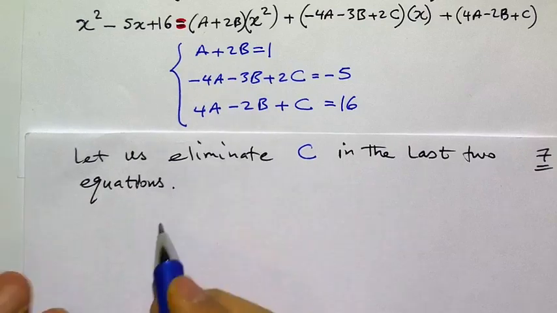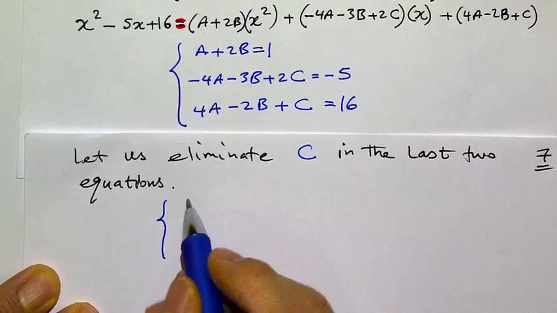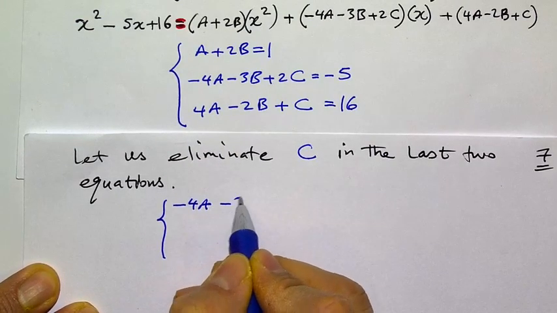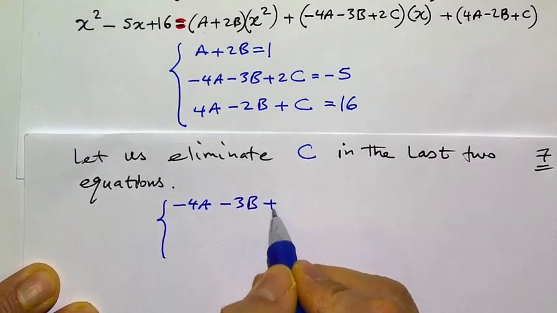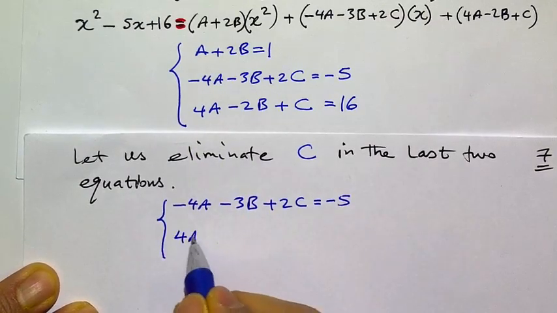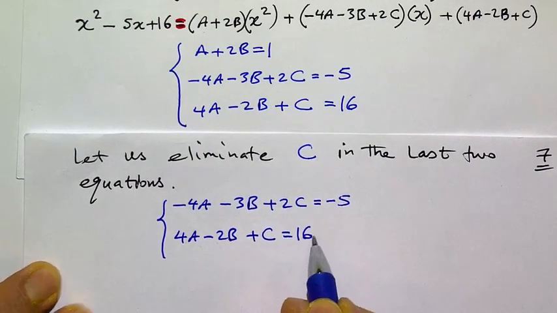So let me write them down here. So we have minus 4a minus 3b plus 2c equals negative 5. 4a minus 2b plus c equals 16.